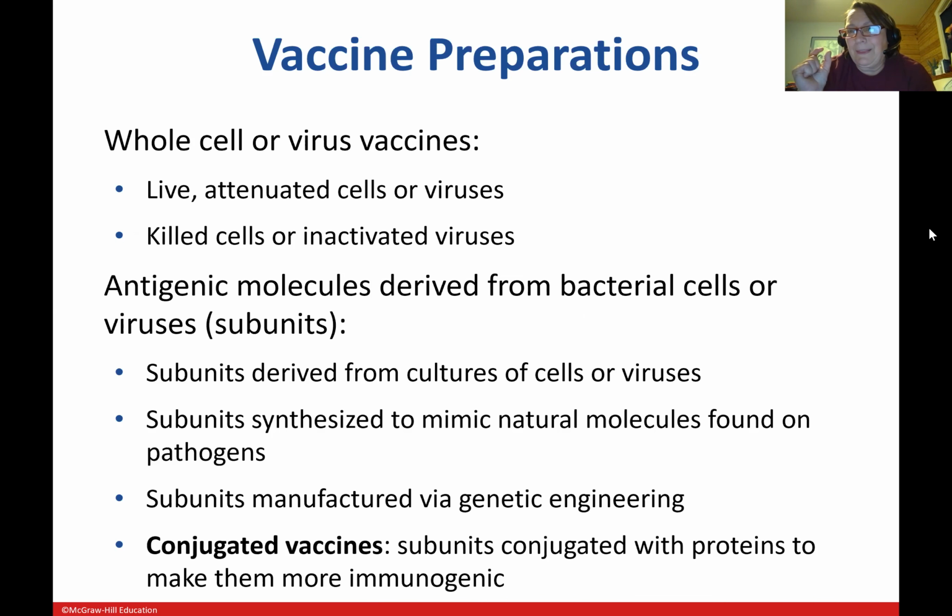And remember, the size of the antigen is involved with how antigenic it is. So here we take that antigenic region, which may be fairly small, and we stick it onto a protein. The protein is much bigger. It's going to increase the antigenic response, but the antigen itself is what it's going to be responding to. So it just makes the whole thing more immunogenic to make a bigger immune response.